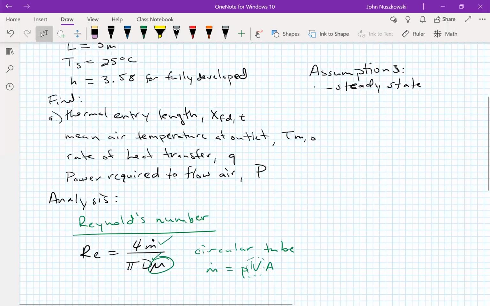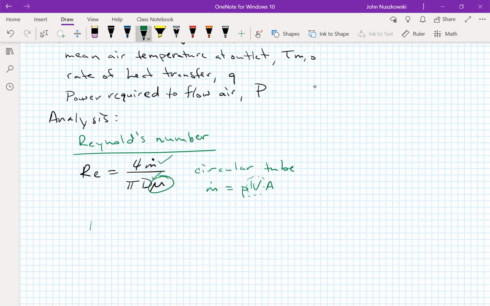We need to take it at the mean temperature, right? So the mean temperature is the average of the inlet and the outlet.